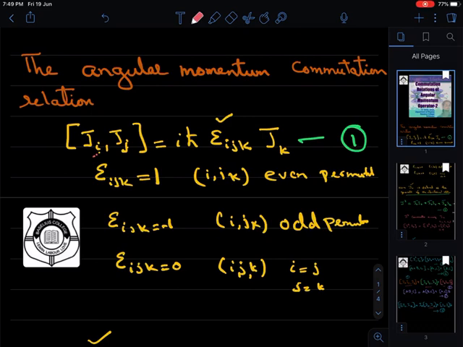It is an odd permutation, so it will be minus 1. So it is minus iħ. Since x and z are already there, you have the y component. So it will be minus iħ Jy.